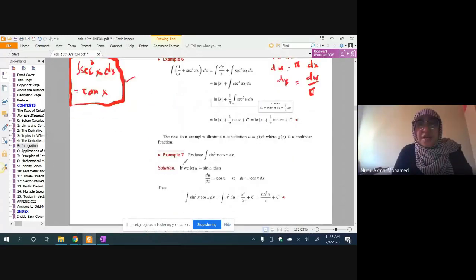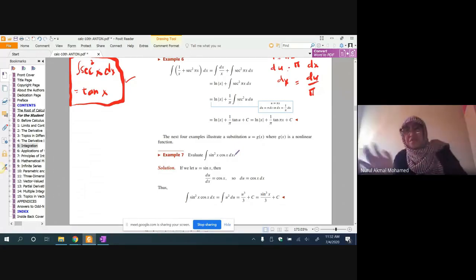example. Evaluate sine squared x cos x dx. Okay, so this is the combination of two trigonometric functions. We are hoping that when we use substitution, it will cancel out the cos term. If you let u equal to sine x, then you differentiate.